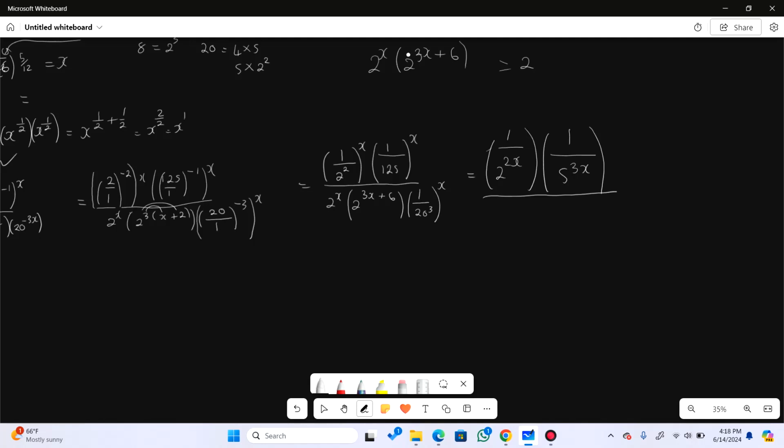Therefore if I add the exponents, I notice that x and x are like terms, so 3x plus x will give us 4x, then plus 6, so I'll have 4x plus 6, and then this times 1 over 5 cubed times 2 raised to the power 6, and then x.